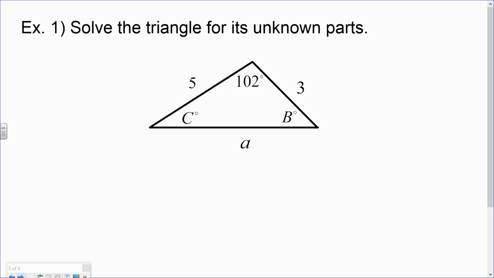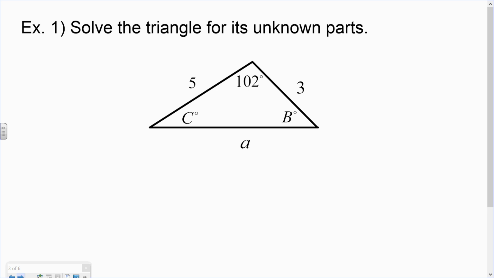And so we want to be a little bit selective how we are going to set that up. If I try to do something with C, I'm going to get into a messy thing, because if I don't know C and I'm trying to use all the sides, I'm going to have to use the A, and I'm going to have two variables in there.